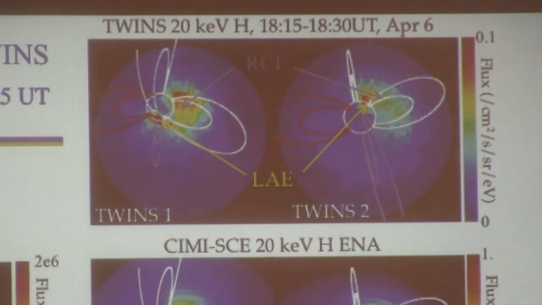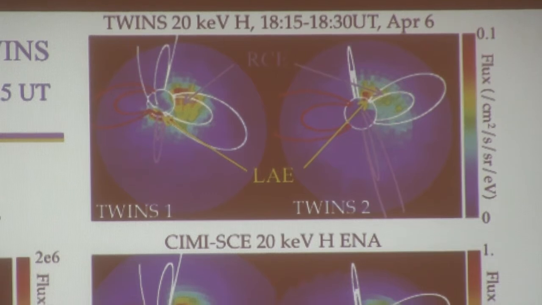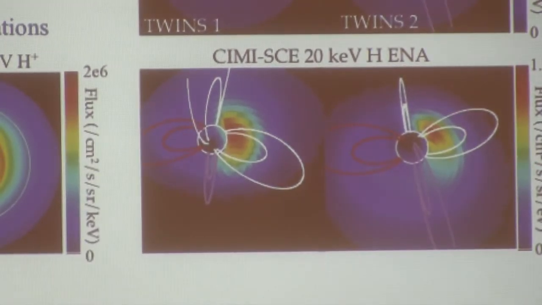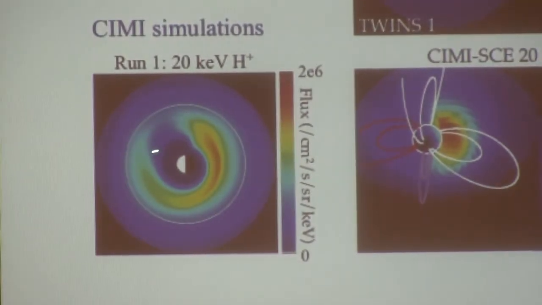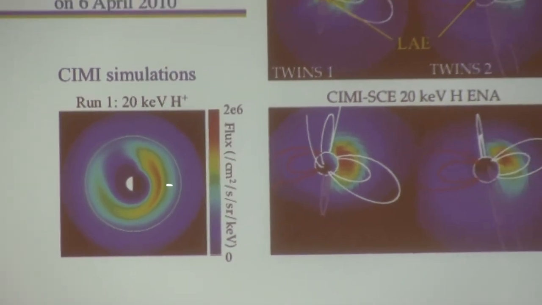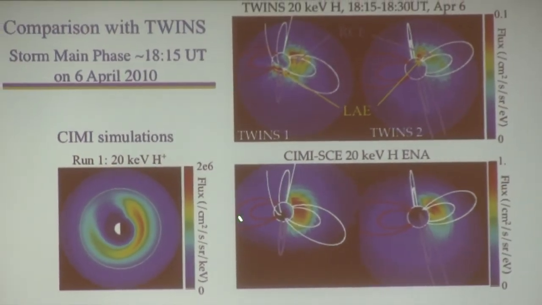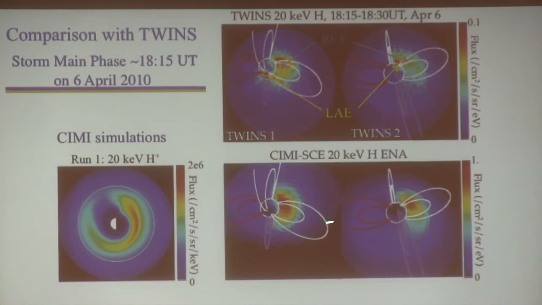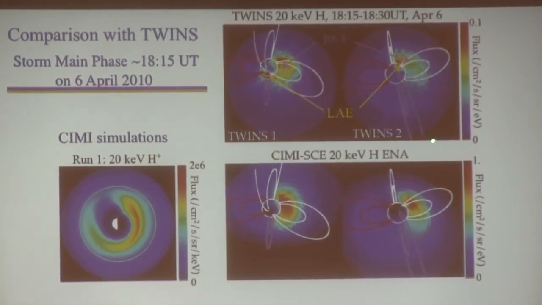We calculated the ENA emission corresponding to the simulated ion flux, and this is the SIMI calculated ENA. Then we compare with the TWINS data, and we got the local time distribution pretty consistent with the data.